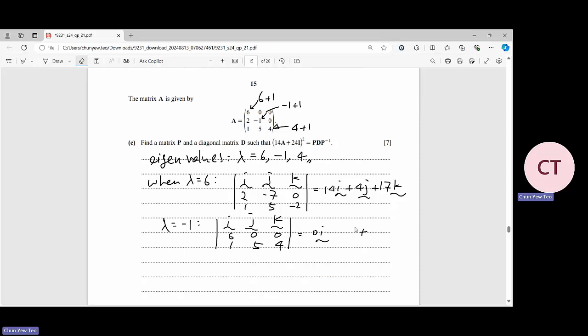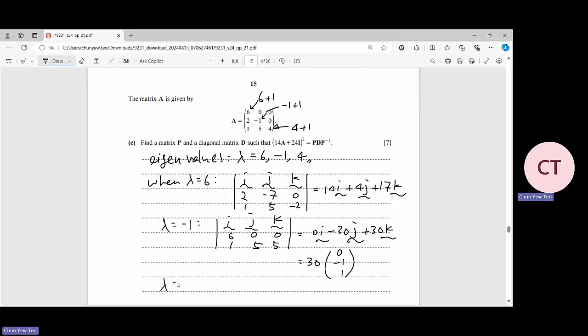J is negative 24j. Then for the k, I made a mistake, this is 155, not 154. So this one is 30. You can take the 30 out, then it becomes 0, -1, 1.